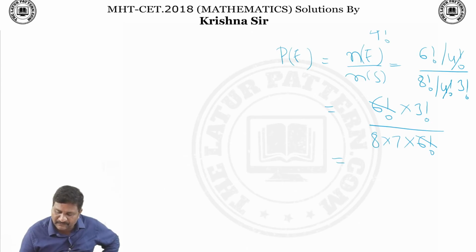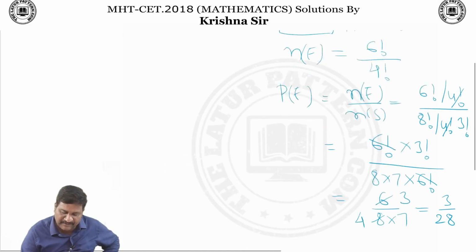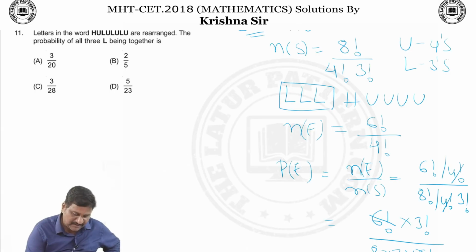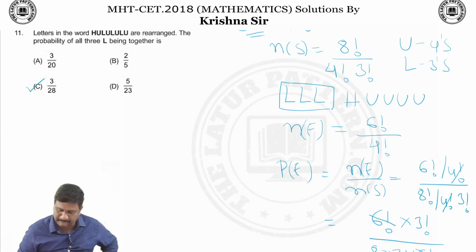Now the value is 3 factorial, which is 3 into 2, upon 8 into 7. Cancelling the 2s, that is 3 upon 28. From our given options, this is option C.